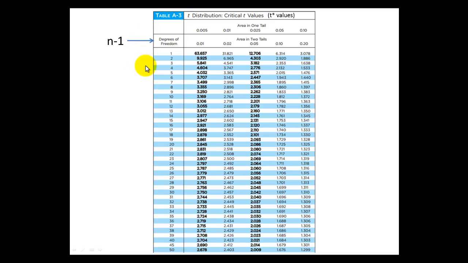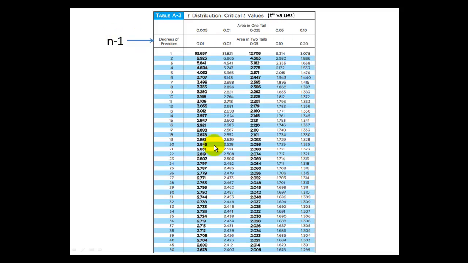So in our table called the t table, notice we're not using the z table anymore. This is table A3, and it's the t distribution or critical values, as I call them, t star. The first column are your degrees of freedom. And you can see the degrees of freedom, I have them here up until about 40, and then they start skipping a little bit. But 1, 2, 3, 4, all the way up, every value up until 40. So these are our degrees of freedom, n minus 1.